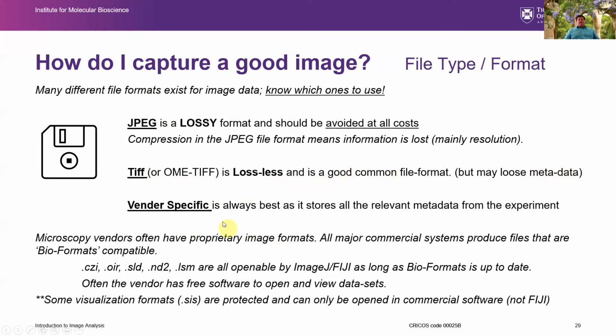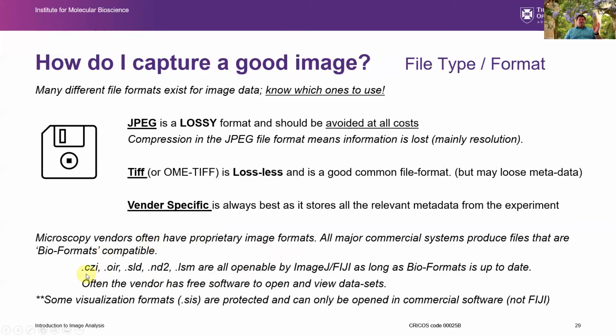The vendor-specific file is always the best because it will have all the relevant metadata. The vendors all tend to have their own proprietary formats. They produce a file that's Bio-Formats compatible, because Bio-Formats is a third-party group who write all of the metadata explaining, so that in the Zeiss file, they might call magnification a different term to a Leica format, or how many channels and all that information.